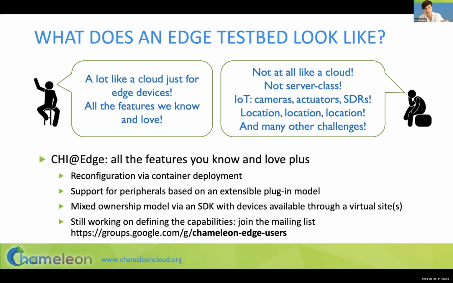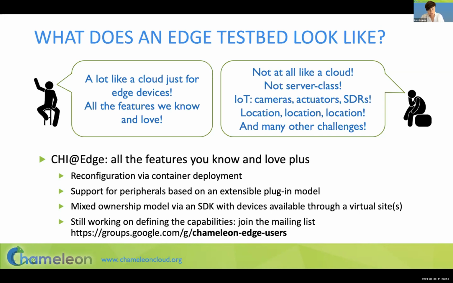And the raison d'etre, the reason why they're there is that there are those sensors and they provide location-specific data. And then finally, those devices are often not server class, right? So there are many, many differences, and this is probably just the beginning of the list.